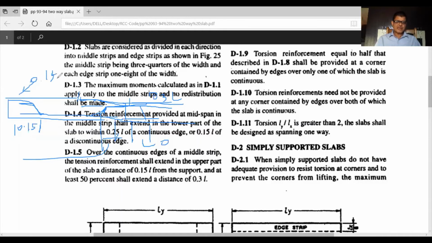If you draw a diagram, you can understand how the rods will be provided. This is basically the distribution of steel on this section.